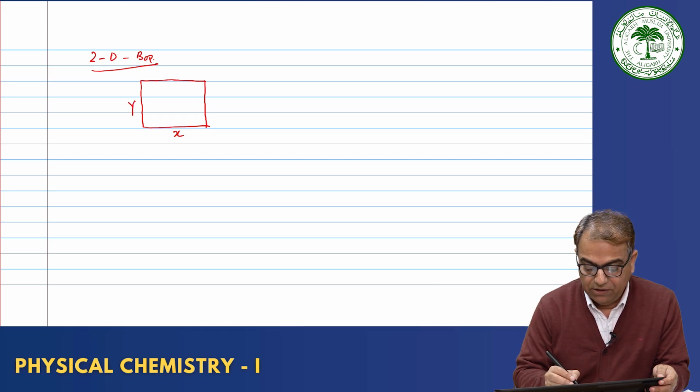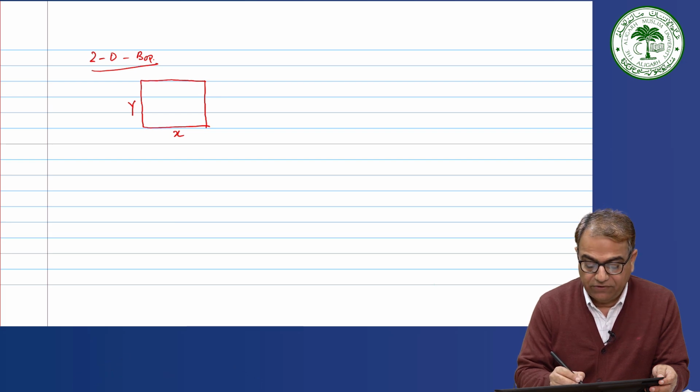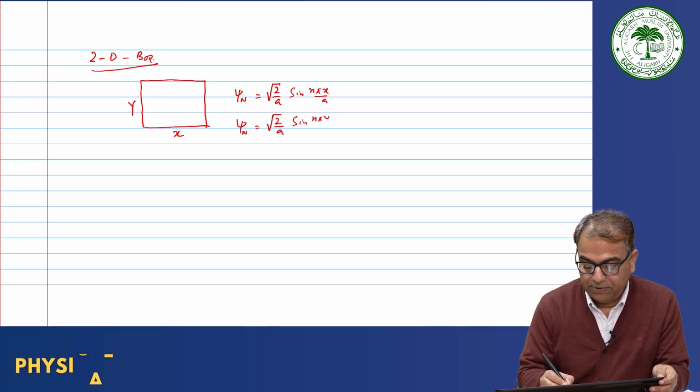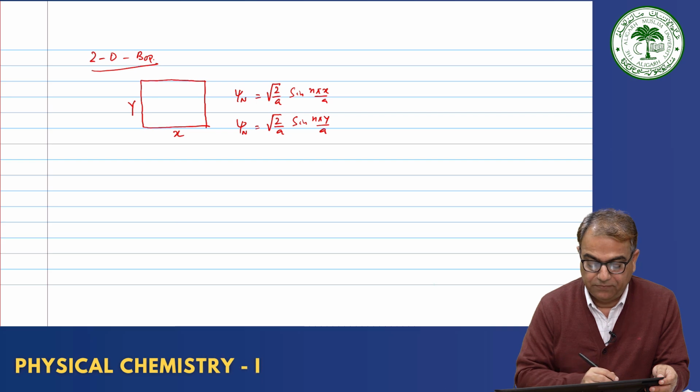So you will have two solutions for psi n. One will be root 2 by a sine n pi x upon a, and another will be root 2 by a sine n pi y upon a.